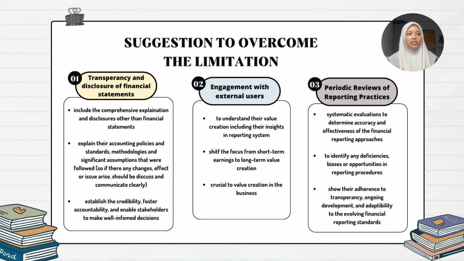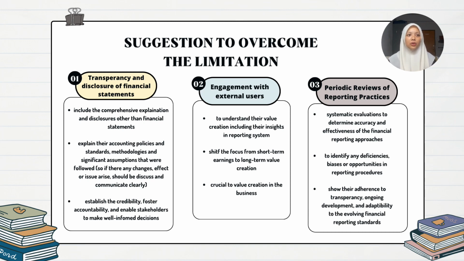My last suggestion is to do periodic reviews of reporting practices. Periodic review of reporting practices is a systematic evaluation to determine the accuracy, usefulness, and effectiveness of the financial reporting approaches. Thorough reviews of these practices are required.